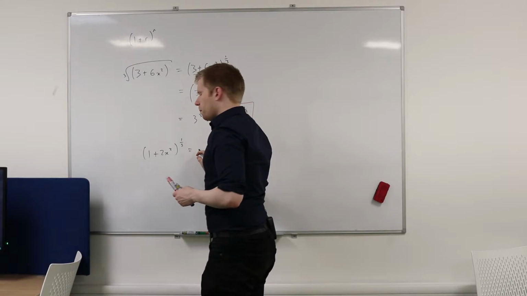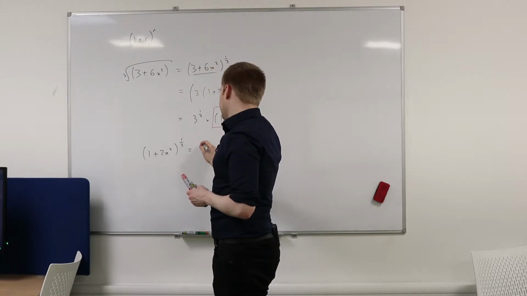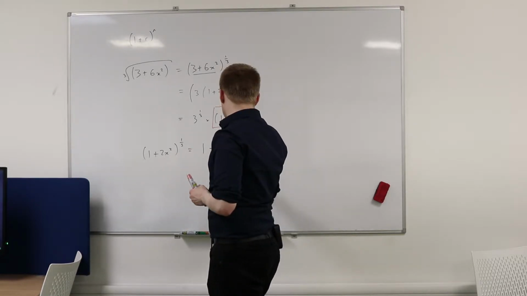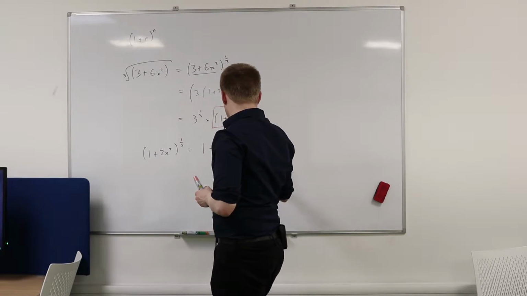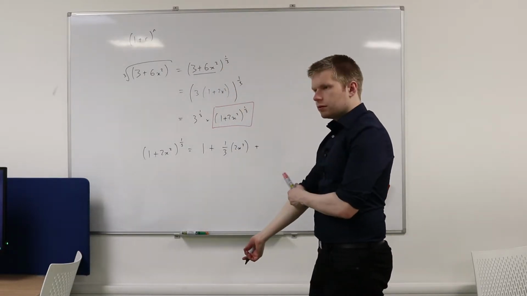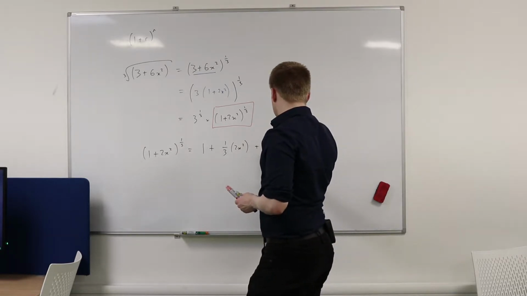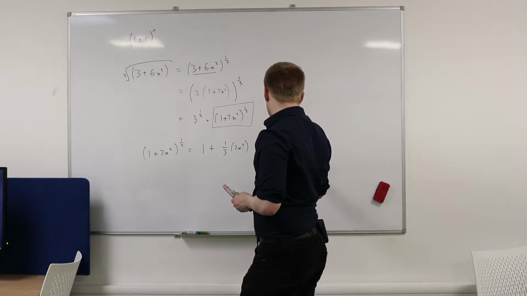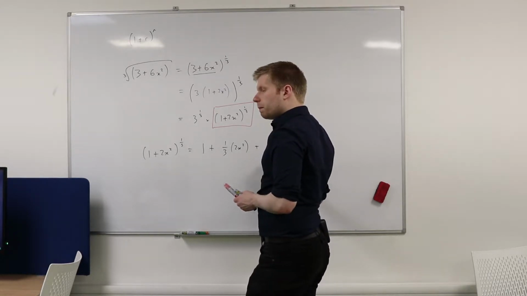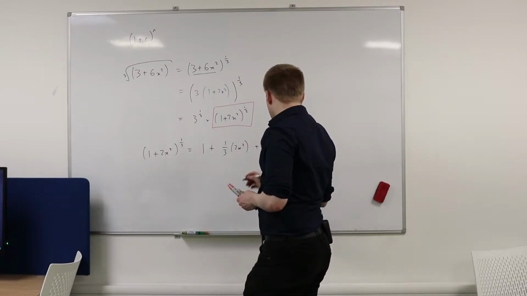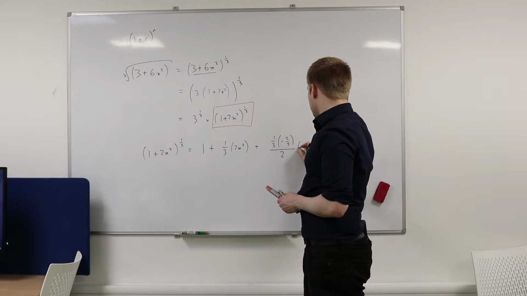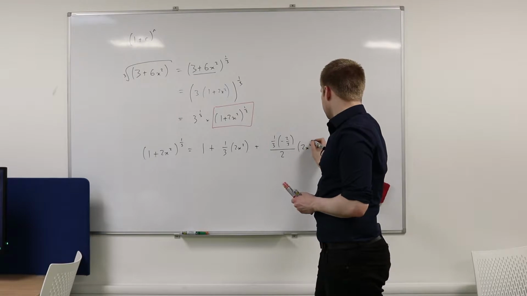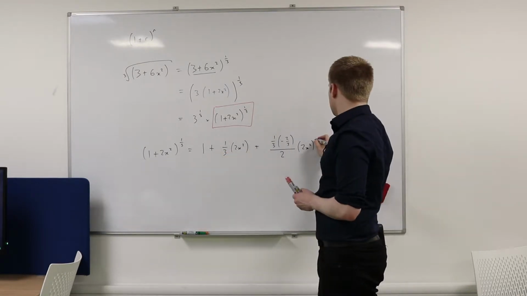So what we're going to get: 1 plus n times r, plus a third multiplied by a third minus 1, which is negative 2/3, divided by 2 factorial, or 2, that's fine, multiplied by 2x squared. Excellent. So r, which in this case is 2x squared, raised to the power of 2.